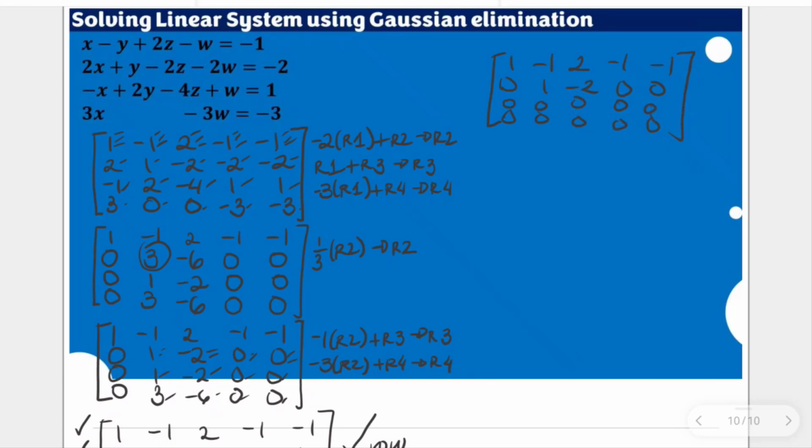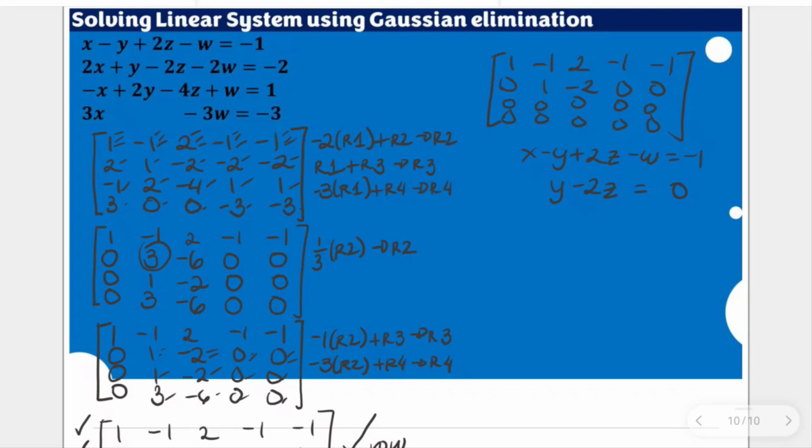So with this, we could come up with these equations. x minus y plus 2z minus w is -1. And the second, we'll have here y minus 2z is equal to 0.